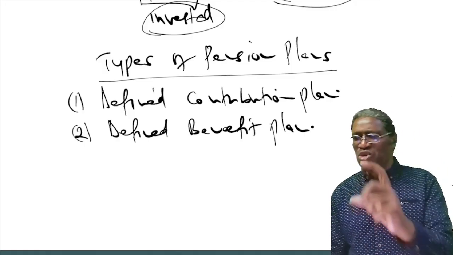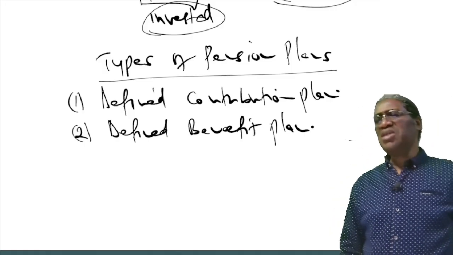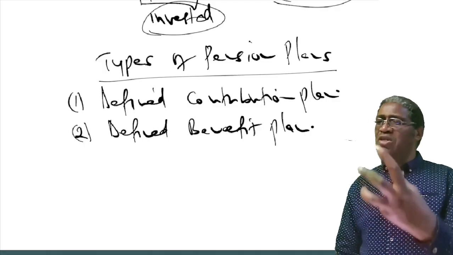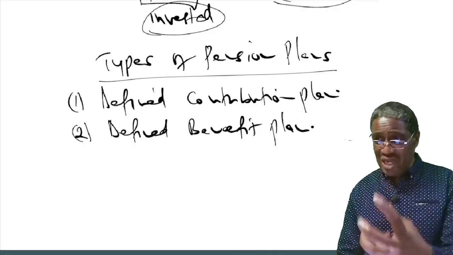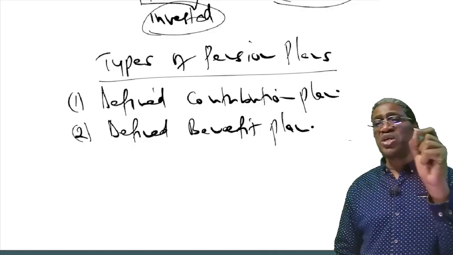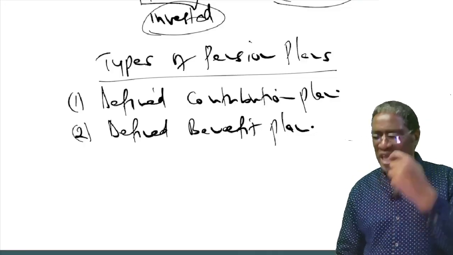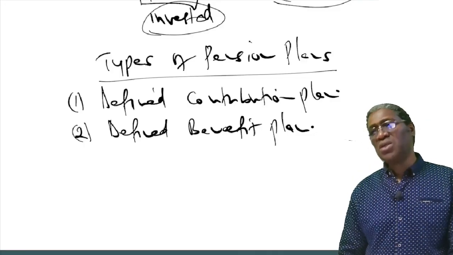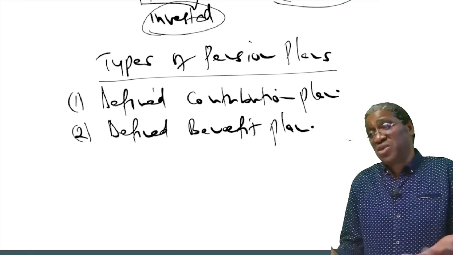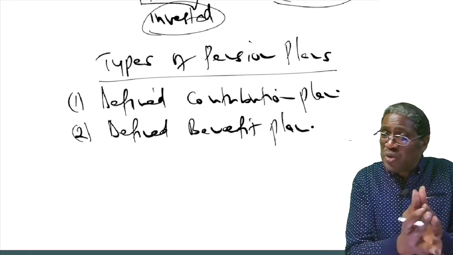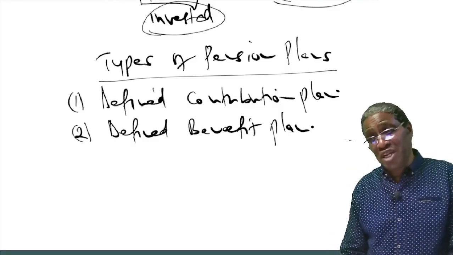Now, in your financial reporting, these are two terms you are required once in a while to define, and to distinguish between what's a defined contribution plan and what's a defined benefit plan. Even at the advanced level, there are questions. Sometimes you are given a theory question and you are told to distinguish between a defined contribution plan and a defined benefit plan.